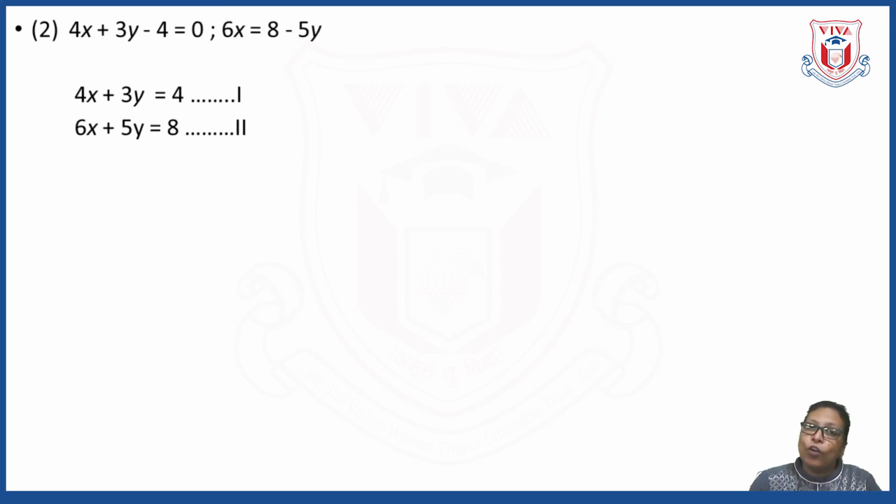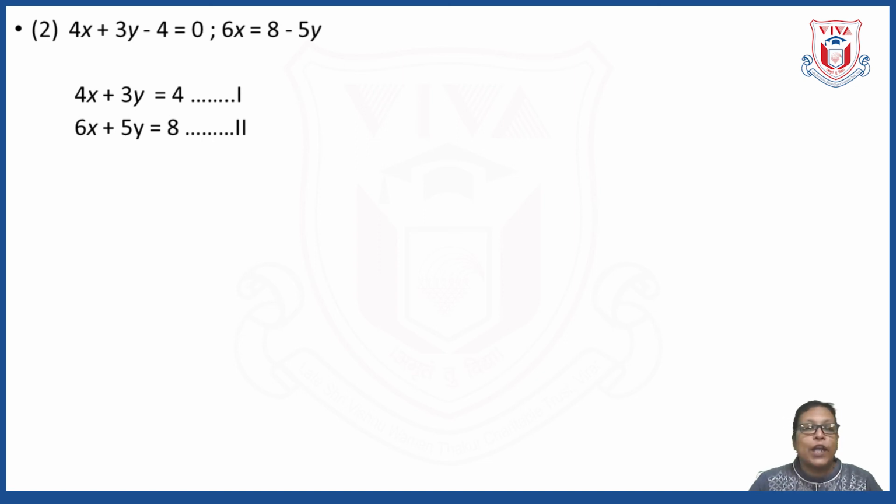The minus 4 on the left hand side is shifted to the right hand side and it became plus. This is our equation number 1. For equation number 2, you have to take that minus 5 to the left hand side. So equation 2 will become 6x plus 5y is equal to 8. Now the equations are in standard form.